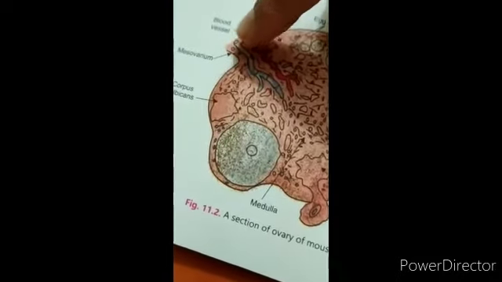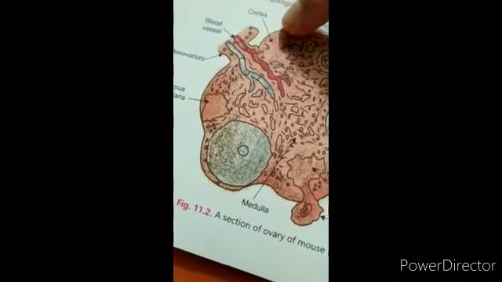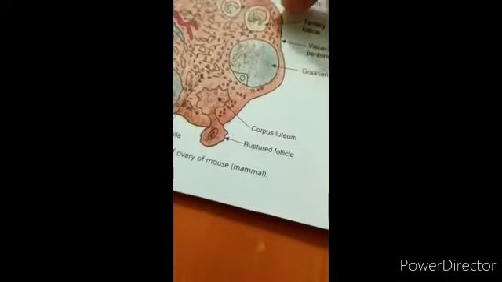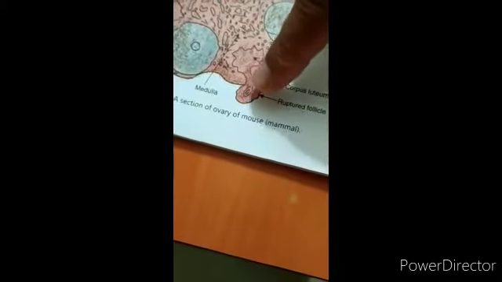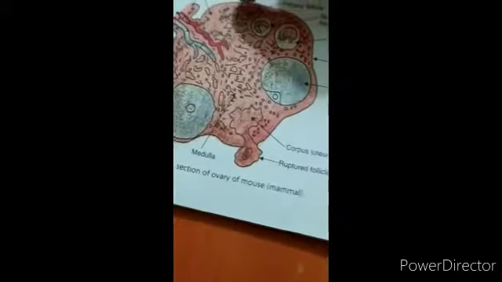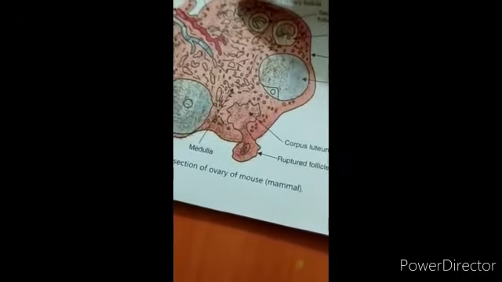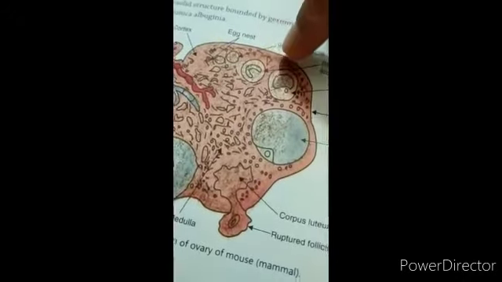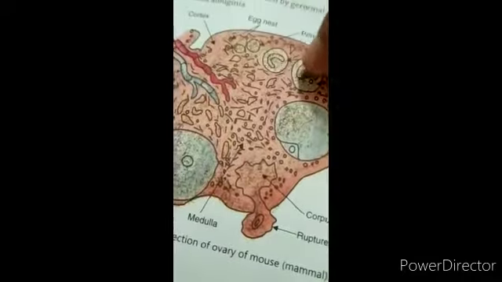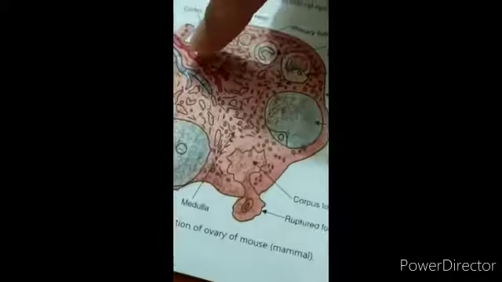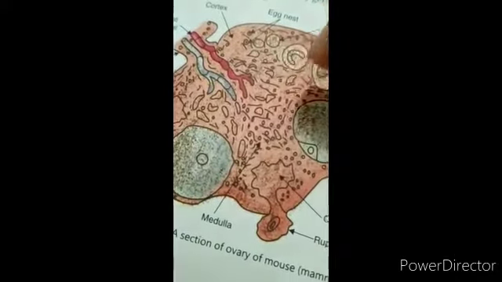This is the mesovarium. This is the outer covering, the germinal epithelium, which is followed by the tunica albuginea layer. This outer region is the cortex region and the central region is the medullary region.